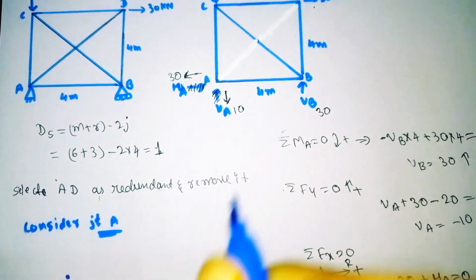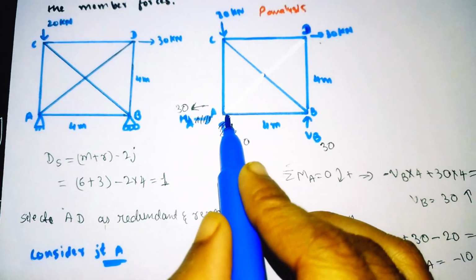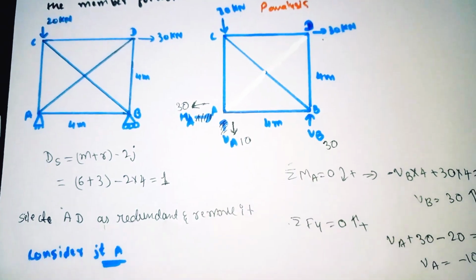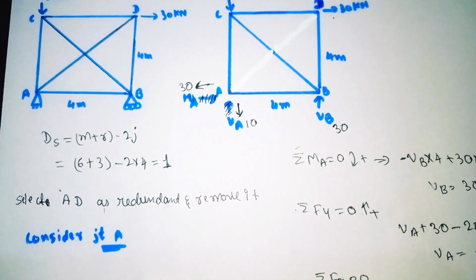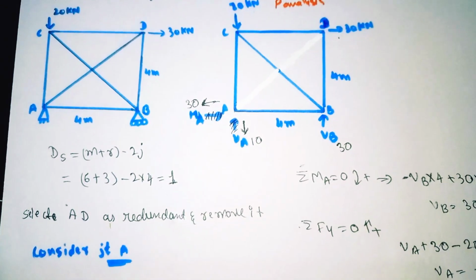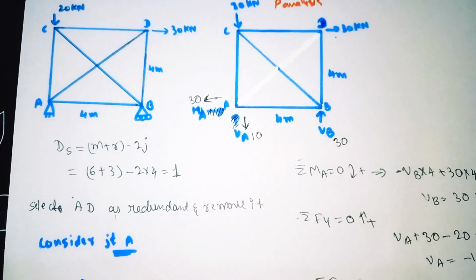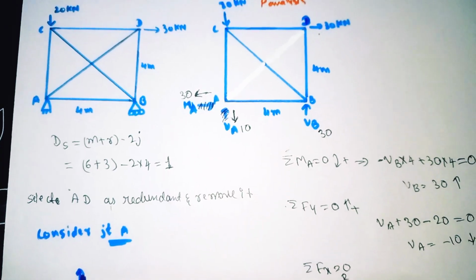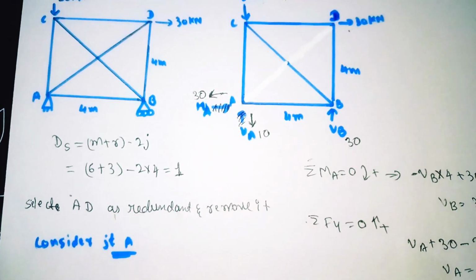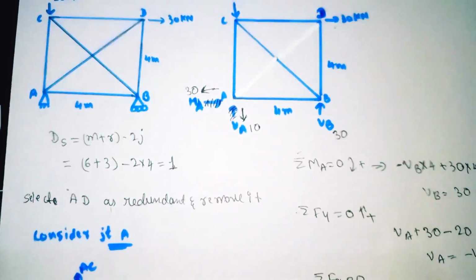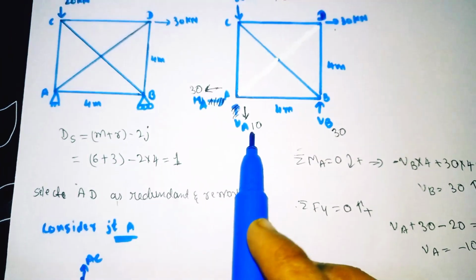The unknown forces, AB and AC, you need to assume as outward only. Always we need to take the outward direction for unknowns. So it is AC and AB, and it has a 30 and it has a 10.